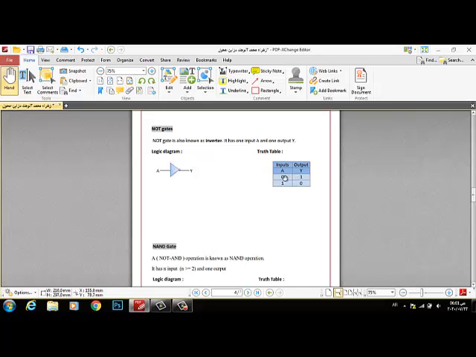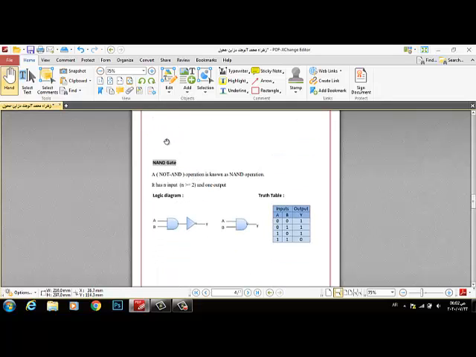It has just 1 input and 1 output. When we put 0 here, the result is 1, just inverted. When we put 1, the output is 0. So the NOT gate just inverts the value.